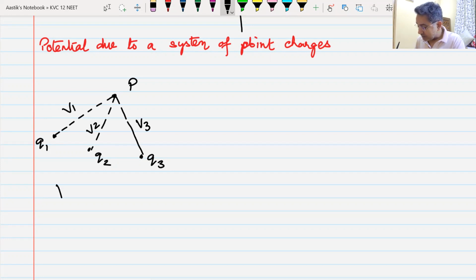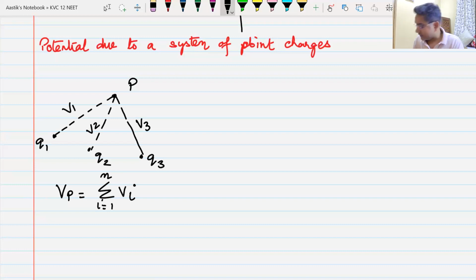So the total potential at point P will be equal to summation of Vi from i equal to 1 to n. Remember, potential is a scalar quantity, and therefore you can simply add or subtract potential. You don't have to worry about the direction because potential has no direction.